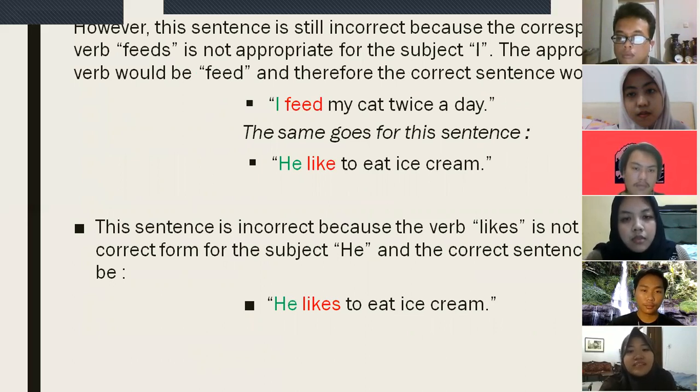The same goes for the sentence he like to eat ice cream. This sentence is incorrect because the verb like is not the correct form for the subject he, and the correct sentence would be he likes to eat ice cream.